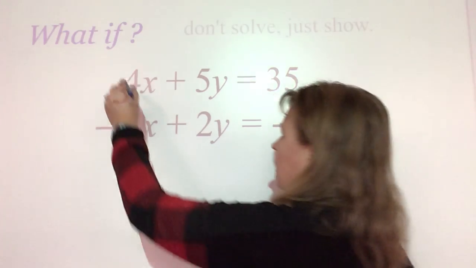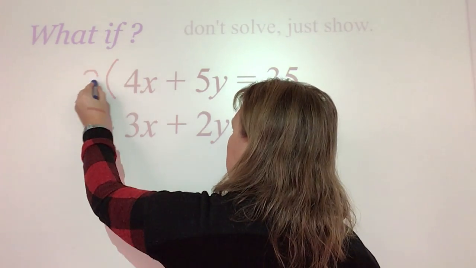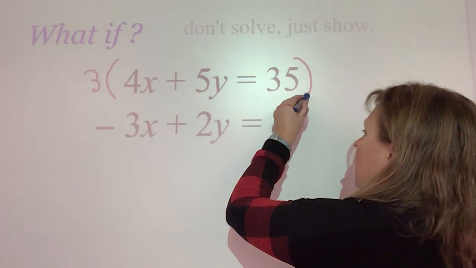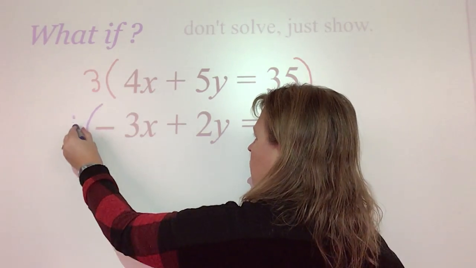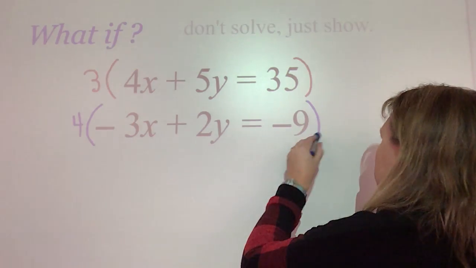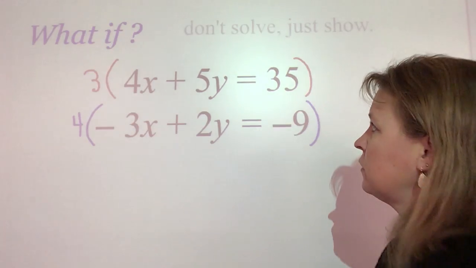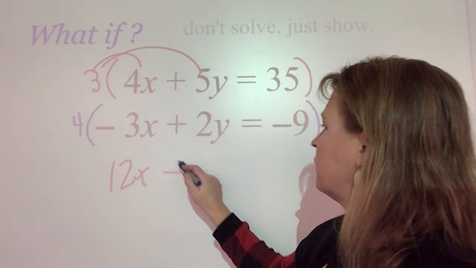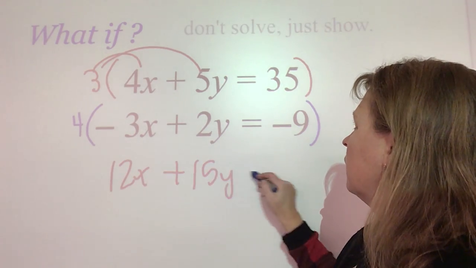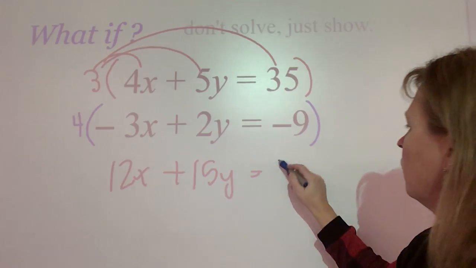So I'm going to multiply this one by 3. And I'm going to multiply this one, I'll go a different color, by 4. And when you do the first one, you'll get 12x plus 15y equals 105.